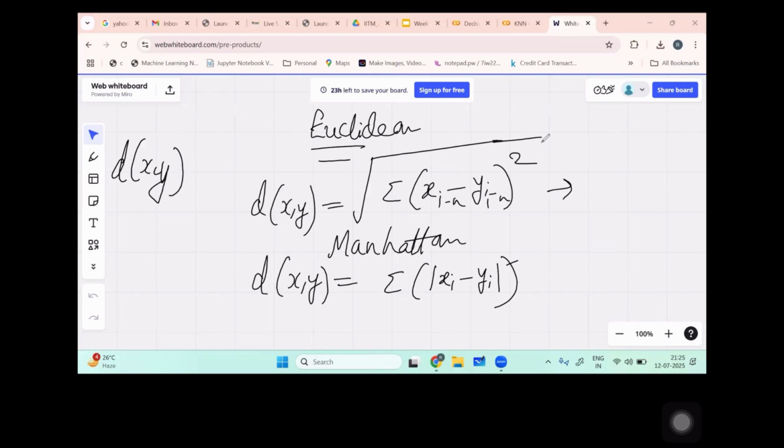So for a large set of observations where the scaled values are not there, you can implement this with less complexity of data. That's it. The last equation is Minkowski, right?